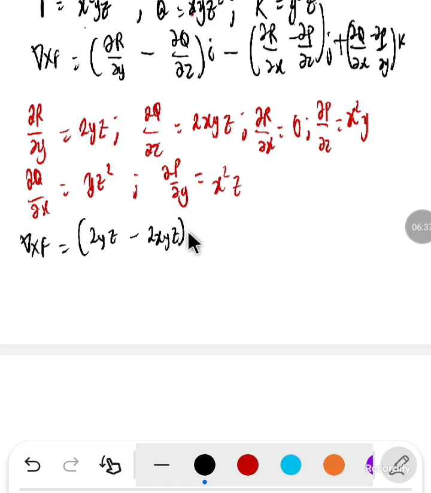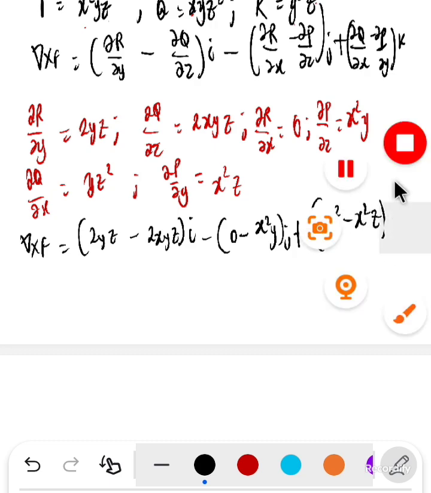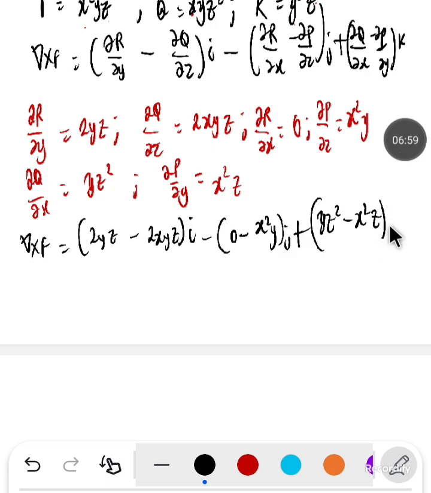Okay, then multiply by i, then minus dr/dx, which is 0, then minus the dp/dz, which is x to the second power multiplied by y. Then you put j. And the last, the dq/dx, which is yz to the second power, minus the dp/dy, which is x to the second power multiplied by z. So sorry, we have k. Yeah, that's cool.